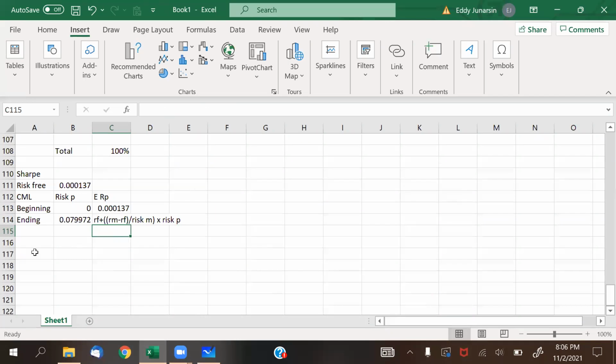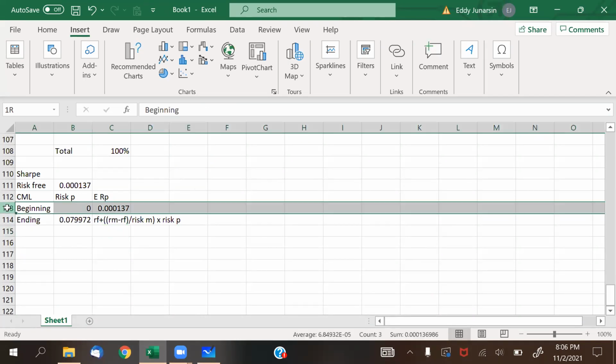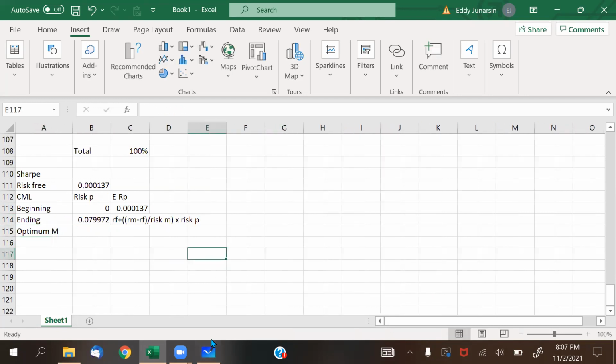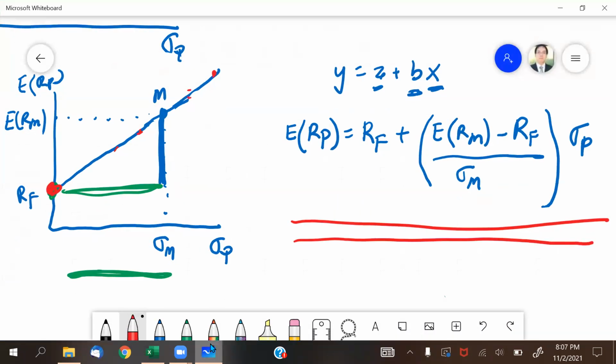Something like this. So we have to solve the optimum portfolio. But we have the idea there, the beginning and then the ending. Now we need to solve the optimum, the M portfolio.